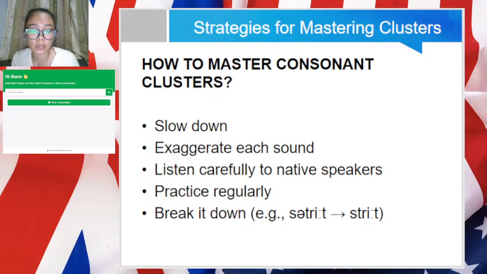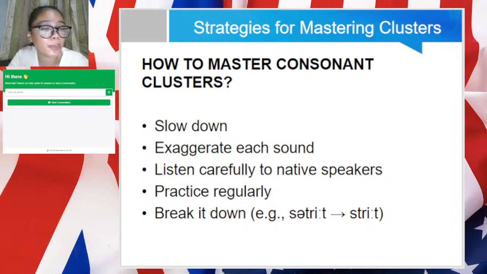You need to slow down. The very first thing is simple: you just need to slow down. So when you encounter a consonant cluster, you don't have to rush through it. Try to pronounce each individual sound within the cluster distinctly at first. That gives your mouth time to form the correct position.